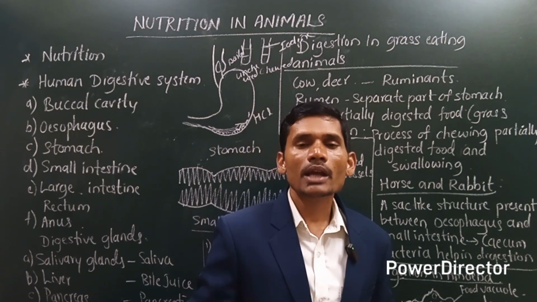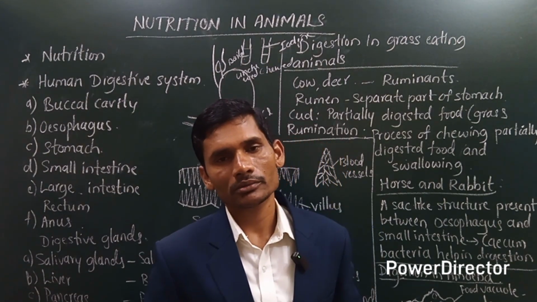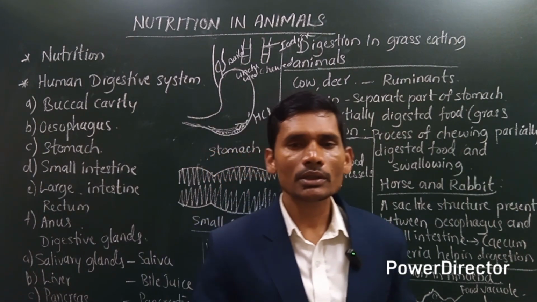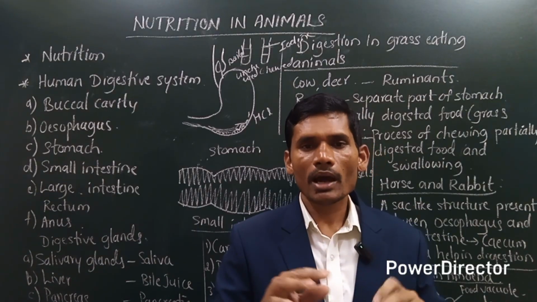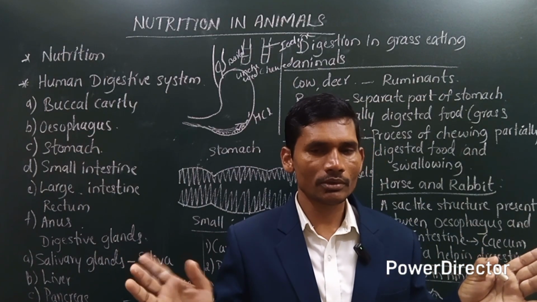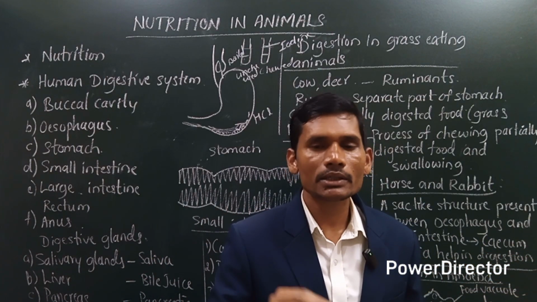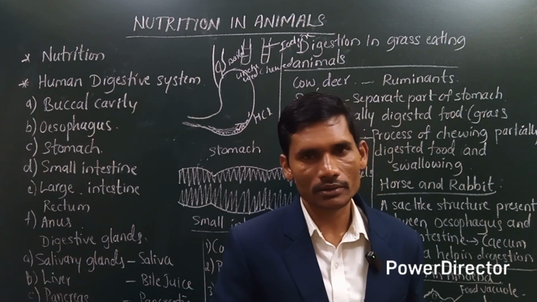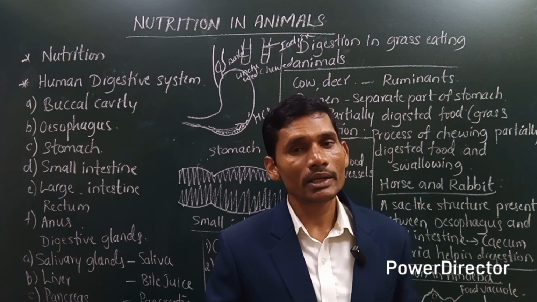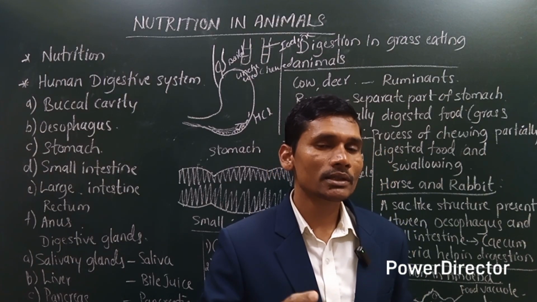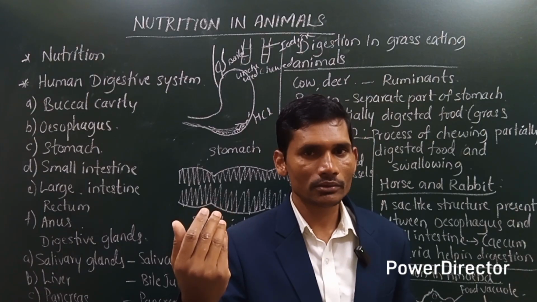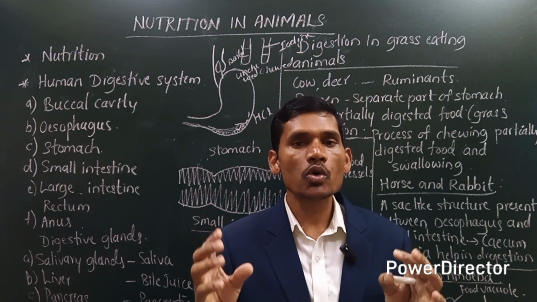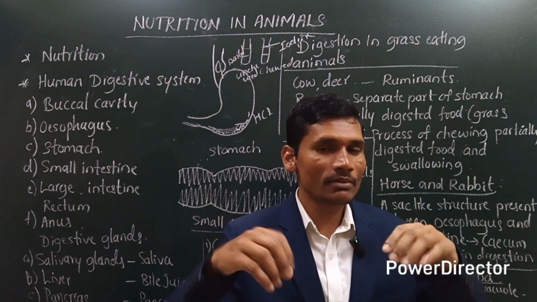Next, coming to digestion in amoeba. This amoeba has no shape. It does not have shape, but it has a nucleus and it has cytoplasm inside it, right? So what it does, if it senses any food in its surrounding, it just sends outward projections, outward growth of its body.